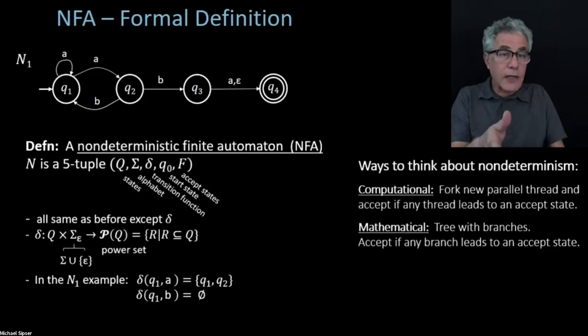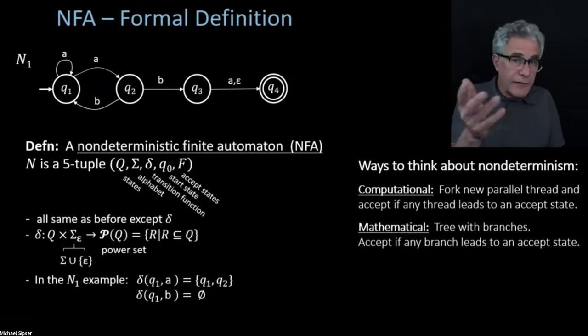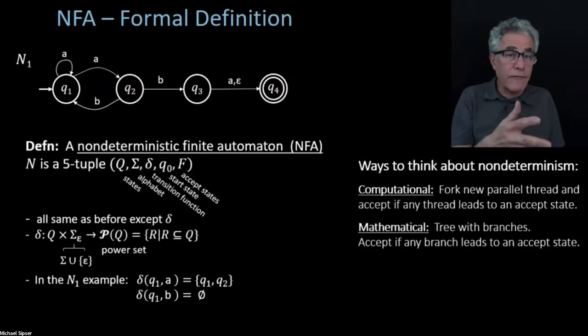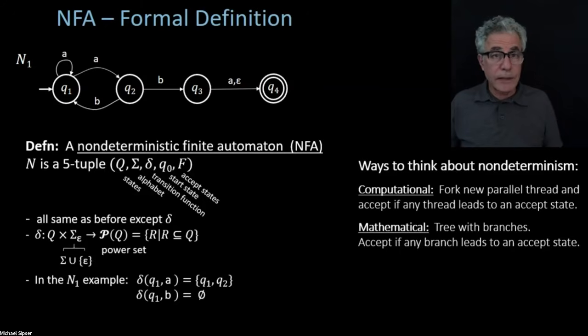The different threads of the computation correspond to different branches of that tree. And you accept if any one of those branches leads to an accepting state. Obviously this is somewhat similar to what we had before, but it's a slightly different perspective on how to think about non-determinism.